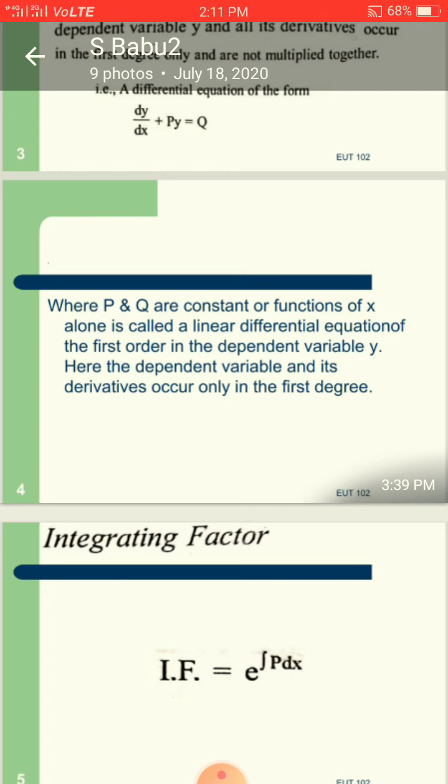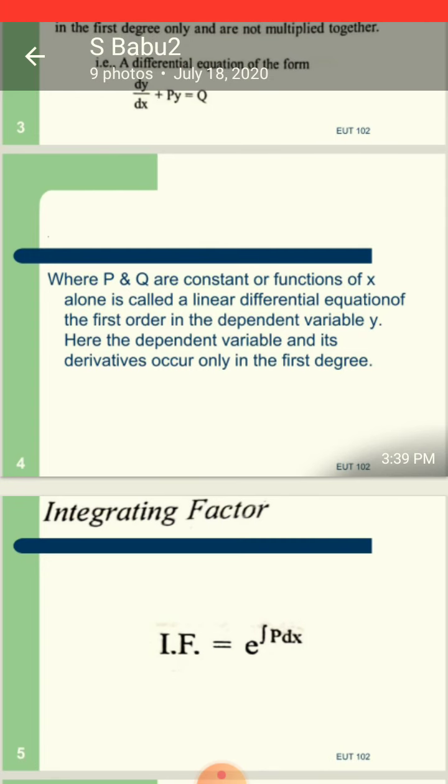The degree of the differential equation is also 1. Capital P is a function of x. Capital Q is also a function of x. And x is the independent variable, and y is the dependent variable of x.